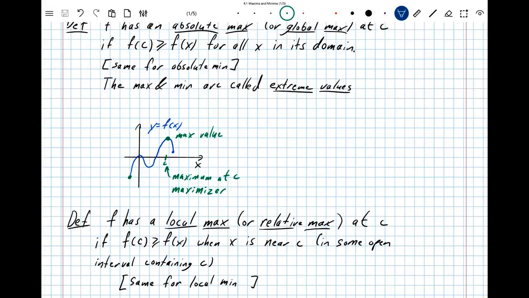We really want to talk about our entire domain, which does mean, by the way, that it is possible to not have an absolute max. What on earth might it look like if I said there was no absolute max? Could you graph it or come up with an example? Well, here's one case.